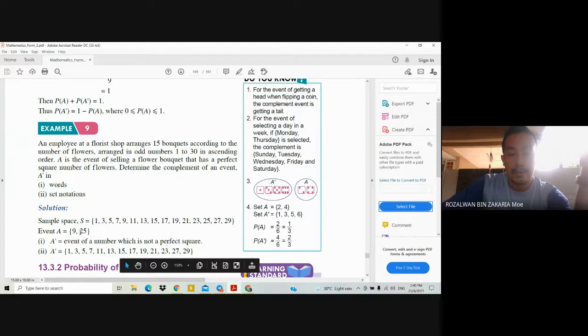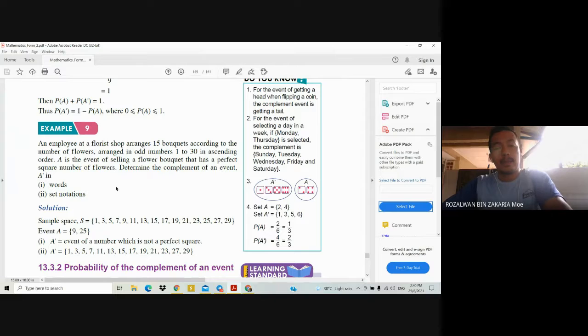All right. So next, how to write the answer for 1 in words. Determine the complement of event A prime. You know that event A is the numbers 9 and 25. So A prime means the numbers except these two numbers.